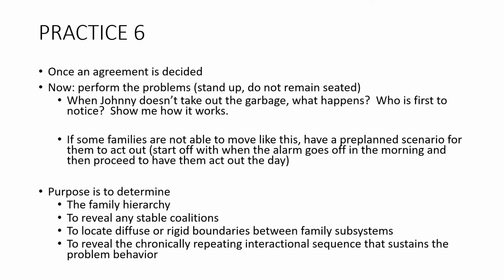Are there certain people that the family members avoid at all times, or whatever rules or whatever people they avoid? We want to see that. And four, to reveal the chronically repeating interactional sequence that sustains the problem behavior. So chronically, again, means long lasting, right? So what are some of those behaviors that are actually making the family unhappy? You'll start to notice those things. They'll start to emerge as you're observing.